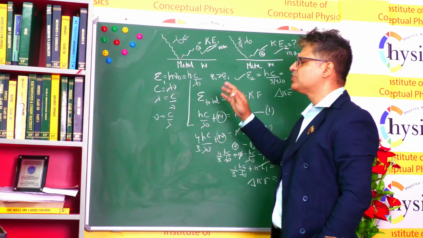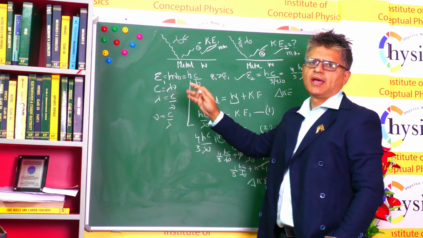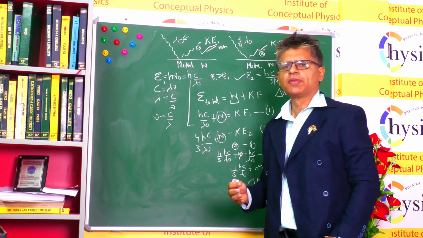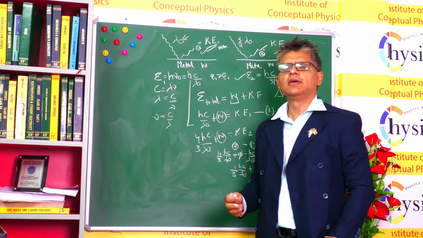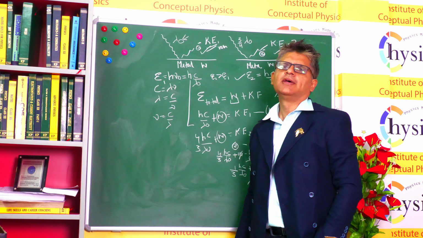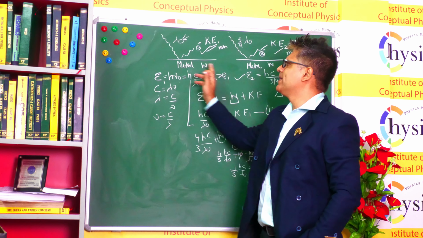So you can have many situations, many ways. Maybe the variable W was given and you were actually supposed to find the kinetic energy. So you can have multiple situations. But I hope the essence of solving these equations, how to apply photoelectric effect, is clear to you. In many situations, two metals are given.